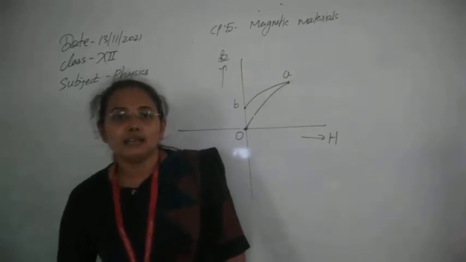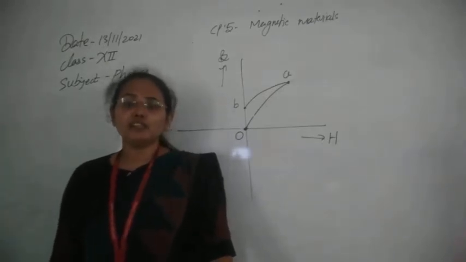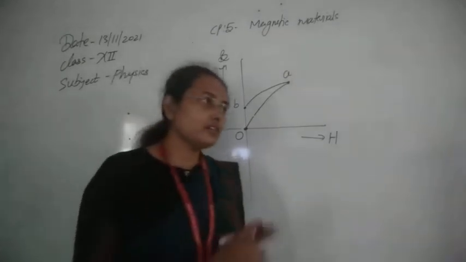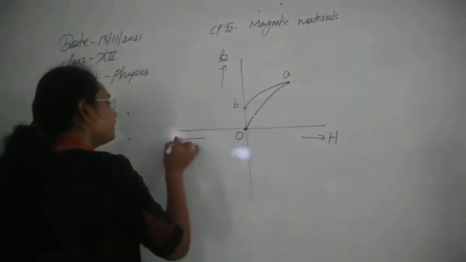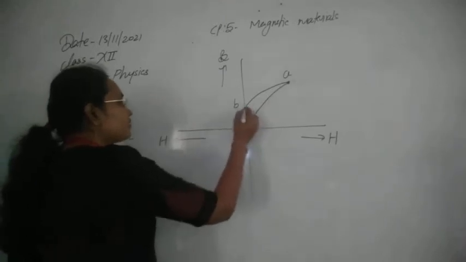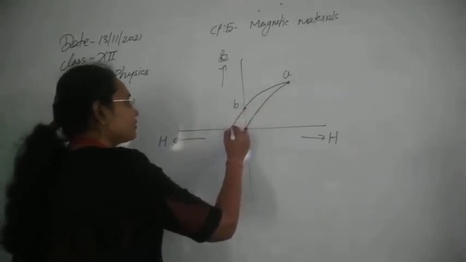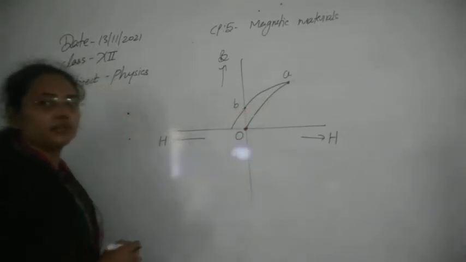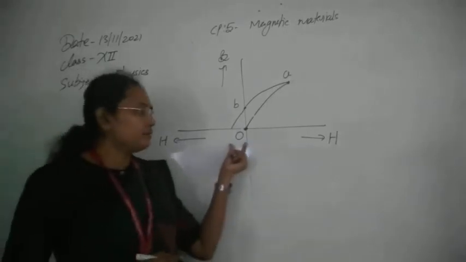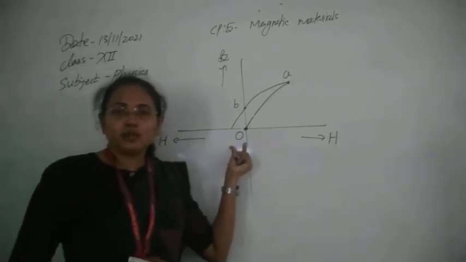Ultimately, due to the application of the magnetizing field in the reverse direction, the magnetization of the sample will start to decrease and it will become 0 for some reverse value of the magnetizing field.